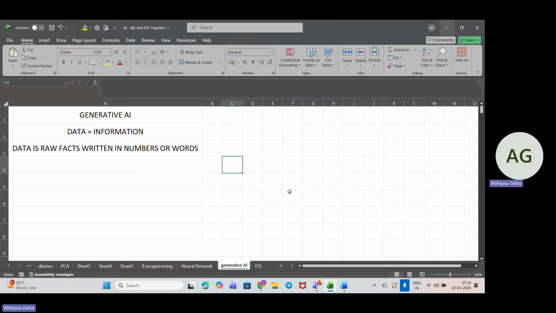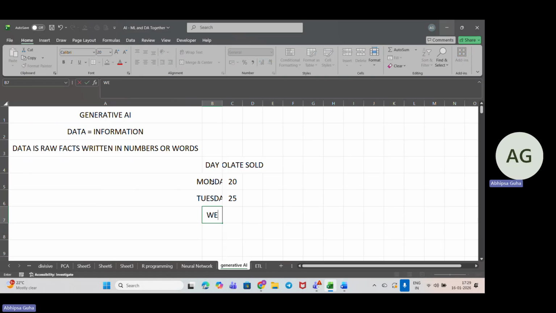Now we have an example. Let's say we have day and chocolate sold. The day is Monday, chocolate sold is 20. Next we have Tuesday, chocolate sold is 25.